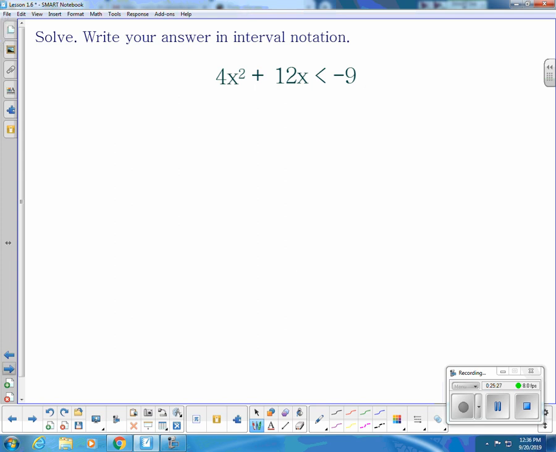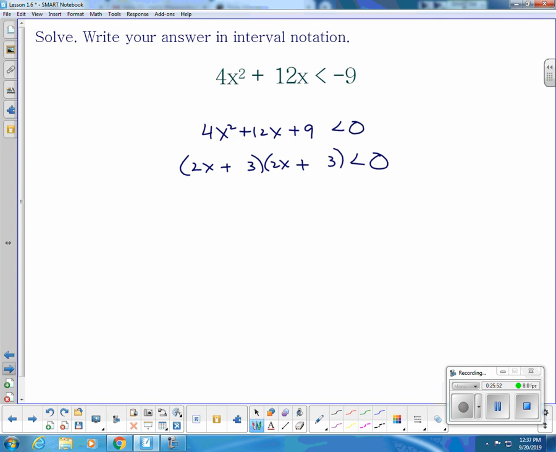Let's go ahead and do this one real quick. First thing we're going to do is bring the 9 over. And we're going to factor. This is actually a perfect square trinomial, so that's nice.